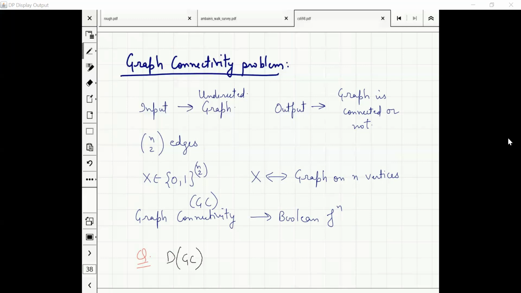Yes, D of GC. And clearly it will be less than or equal to n choose 2. If I know all the edges, then I know whether the graph is connected. Once we know the entire input, I will do some computation. I don't care how time intensive it is, but I can do it.